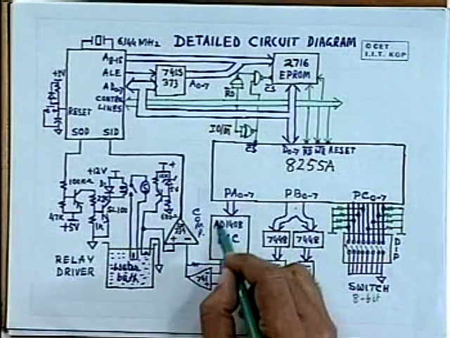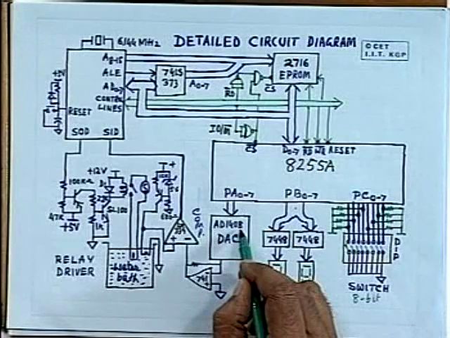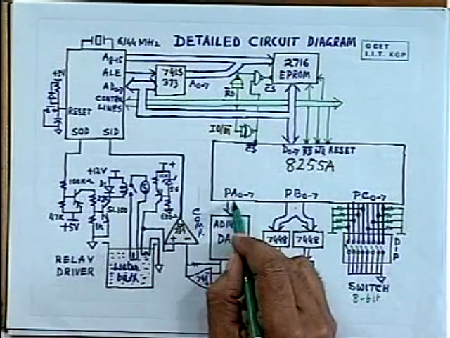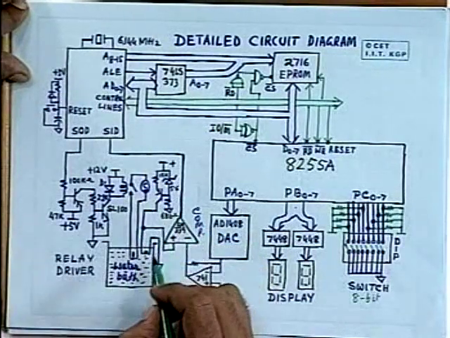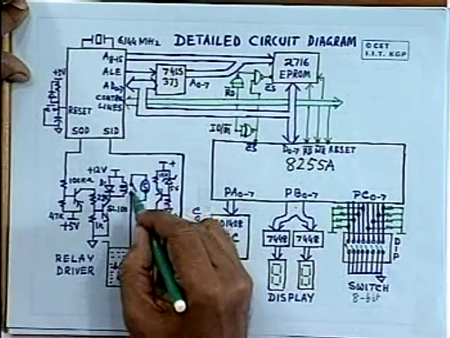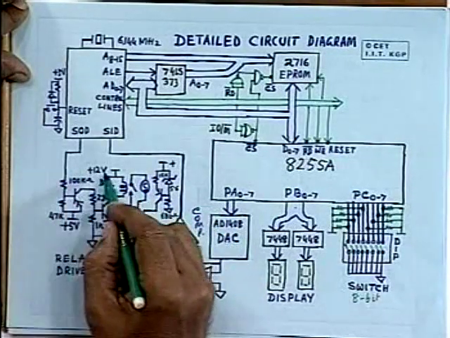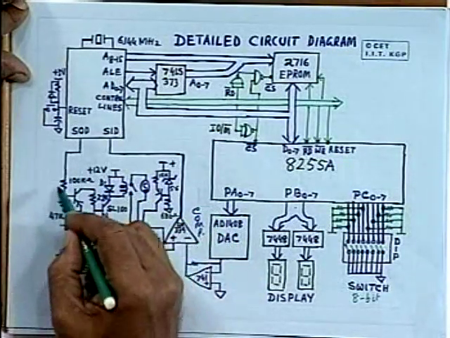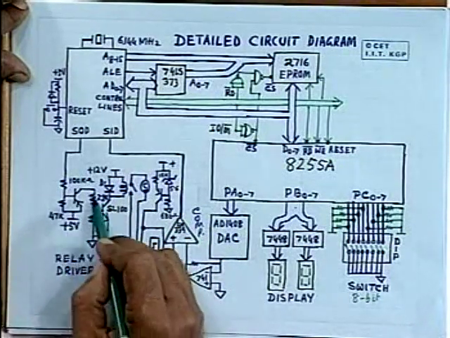And then here is the digital to analog converter 1408, that is also interfaced to one 8-bit port, and the heater is shown here. As you can see, this is the relay which is controlled by this relay driver. This is the relay driver circuit which is implemented by using two transistors and a few resistors.